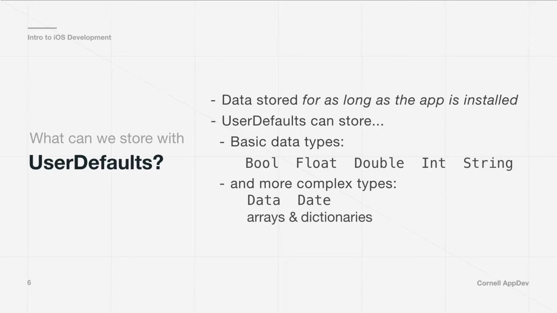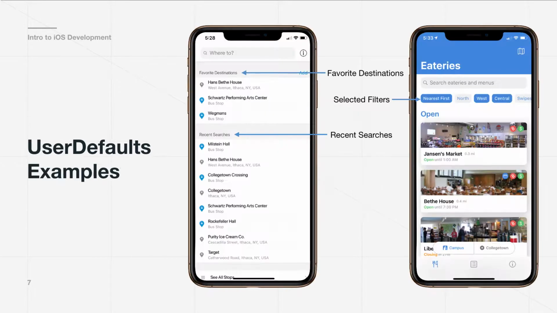But if you do uninstall the app, then the data will no longer be there. User defaults can store basic data types like booleans, floats, doubles, ints, and strings, or more complex data types like data, date, arrays, and dictionaries. For this lecture, we will be focusing more on the complex types, so custom classes.